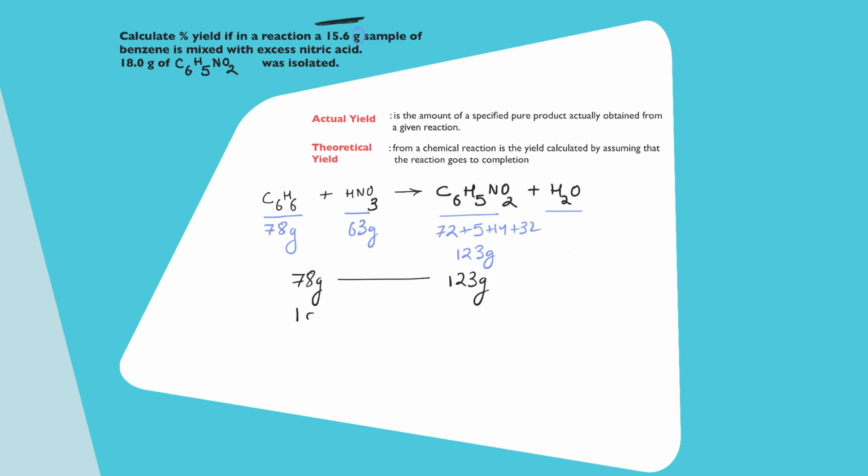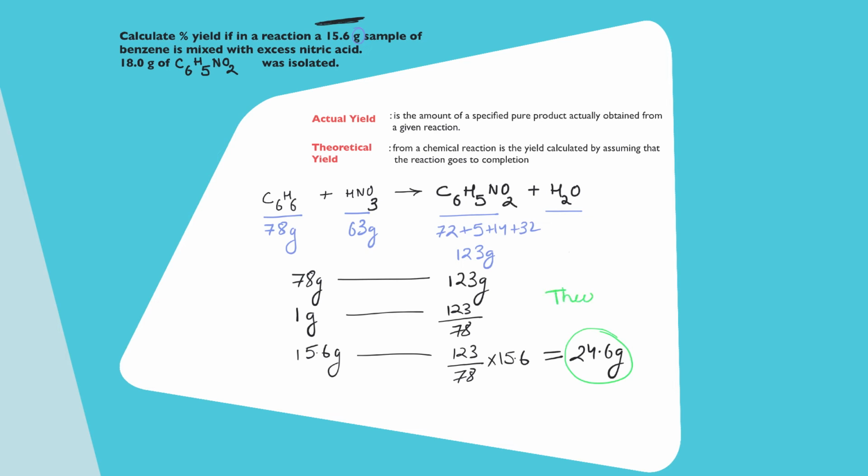So 1 gram should have given you 123 upon 78, and 15.6 gram should give you 123 upon 78 into 15.6. That equals around 24.6 grams. So this is your theoretical yield. That means this is what you should have got.